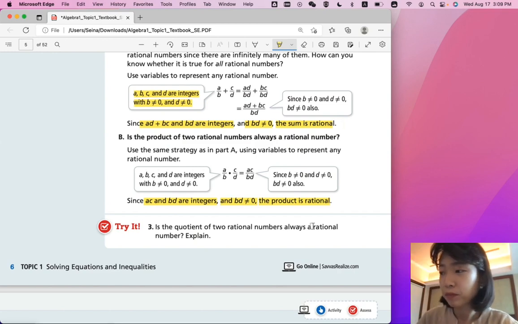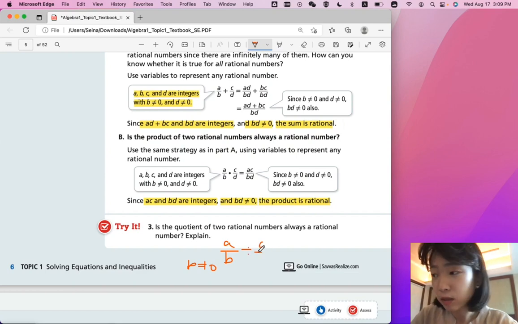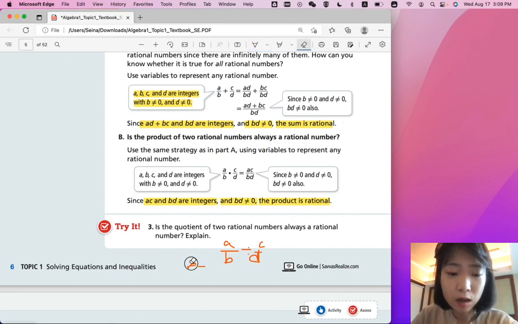Okay, are you ready? So how do you write a quotient equation with these variables? You can do the same thing. A over B could represent one rational number where B is not equal to 0. And say that A over B divided by C over D would be our equation.